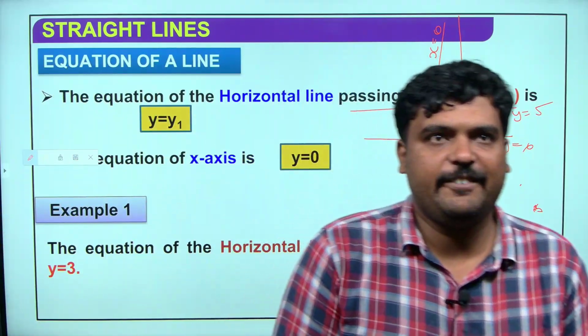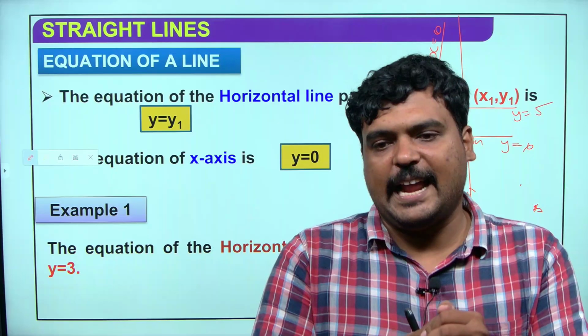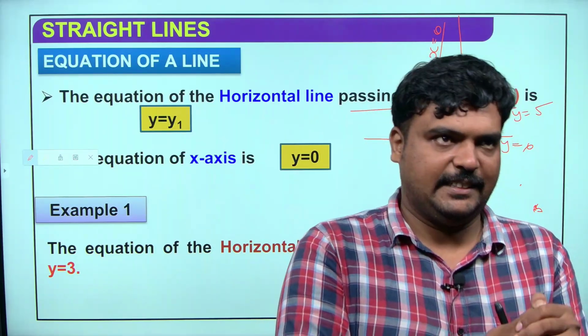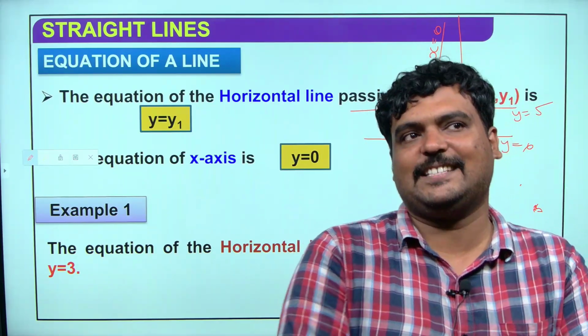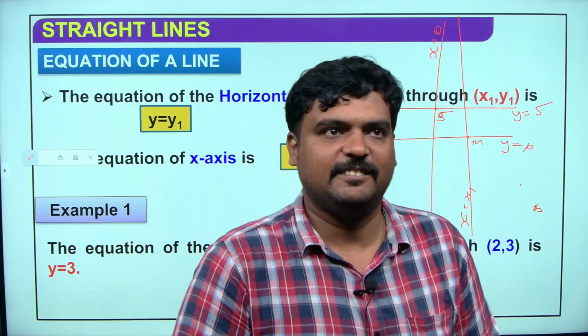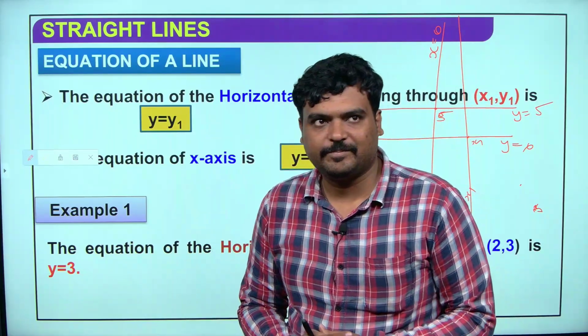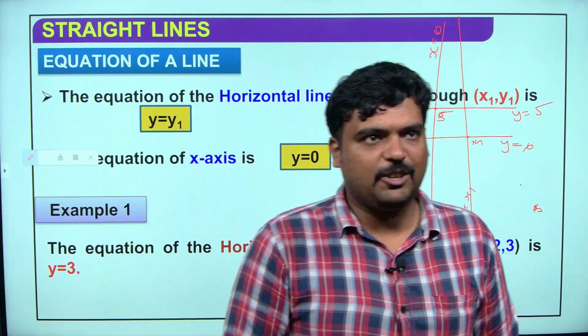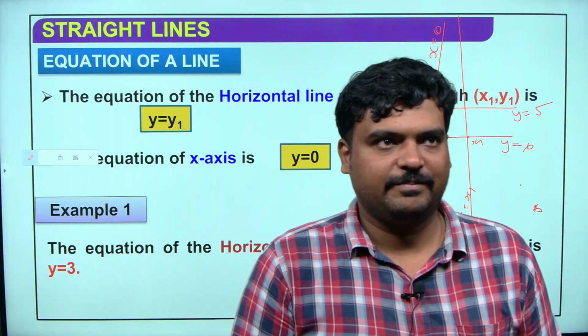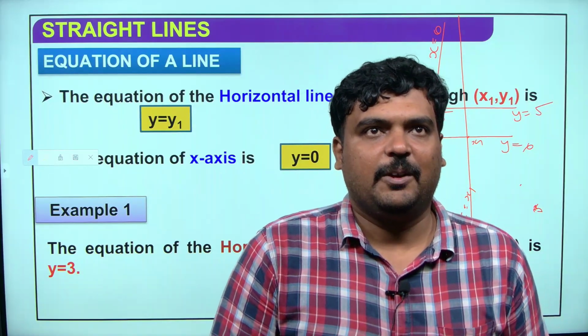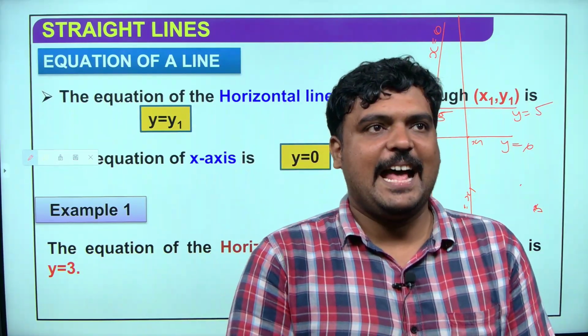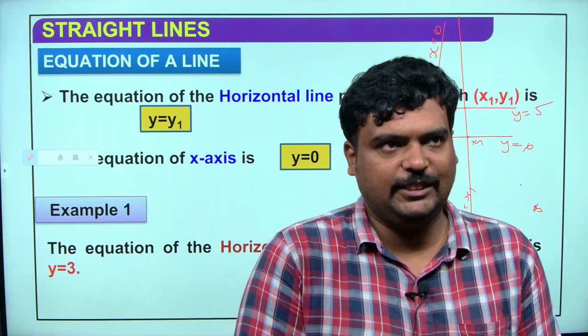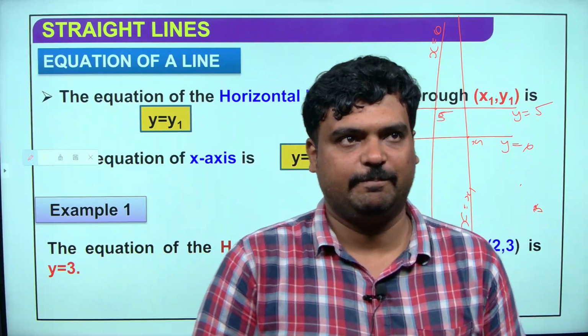So Ivan, I have a question for you. The line which passes through 5, 3 and which is parallel to x-axis. Find the equation of the line. Shall I repeat the question? The line is parallel to x-axis and passes through the point 5, 3.